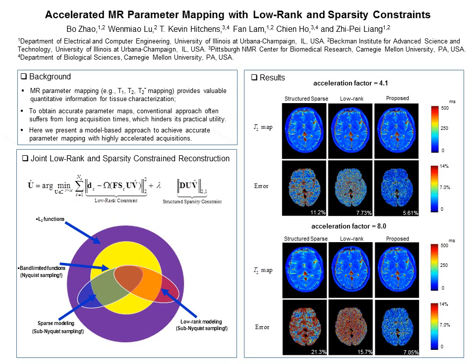But when the acceleration factor was increased to 8, the performance of both Lorentz reconstruction and structure sparse reconstruction significantly decreased. Qualitatively, we can see the edge structure of the T2 map obtained from the structure sparse reconstruction is severely smoothed out.